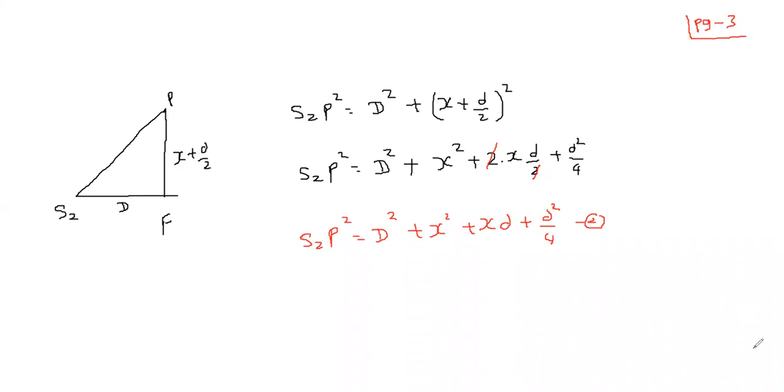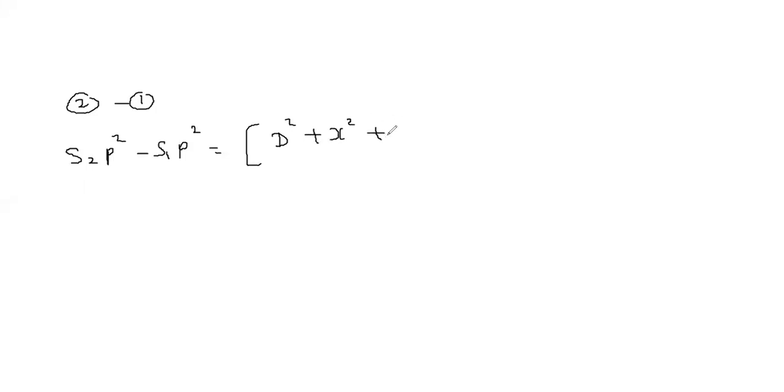No, sir. Now what we are doing, we are going to subtract 2 minus 1. So S2P square minus S1P square is equal to D square plus X square plus XD plus D square by 4 minus D square plus X square minus XD plus D square by 4.